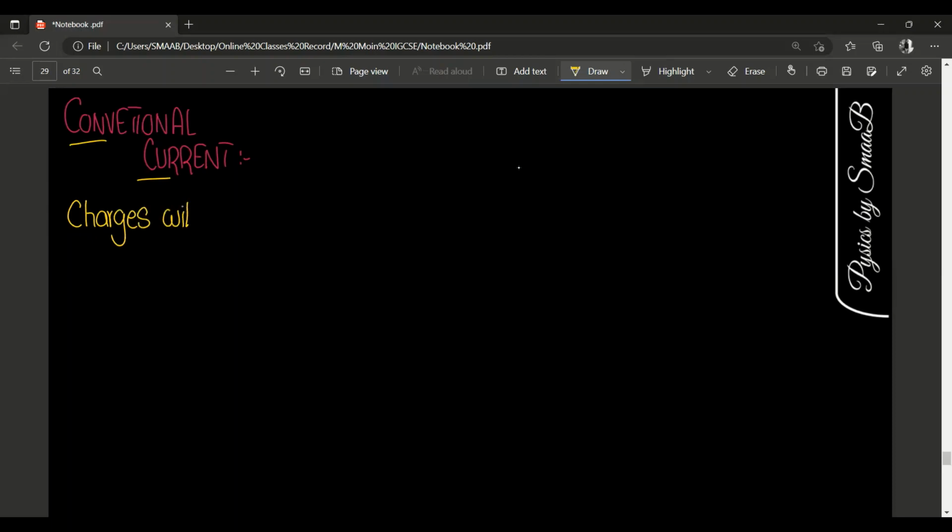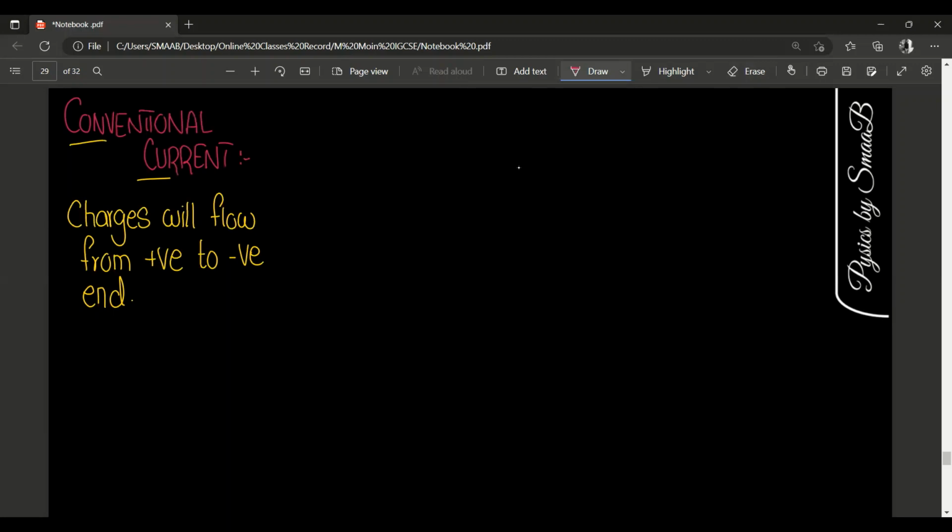Charges will flow from the positive to the negative terminal, and that concept is known as conventional current. Okay, I spelled conventional wrong here. So, conventional current.